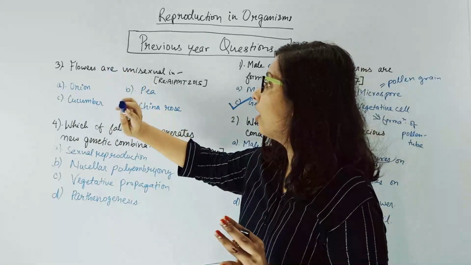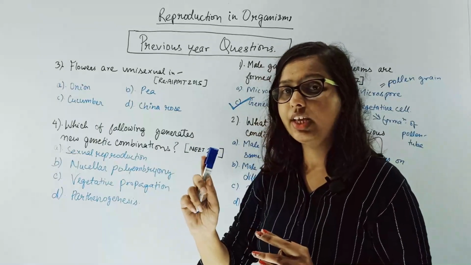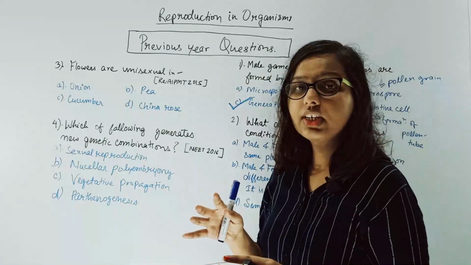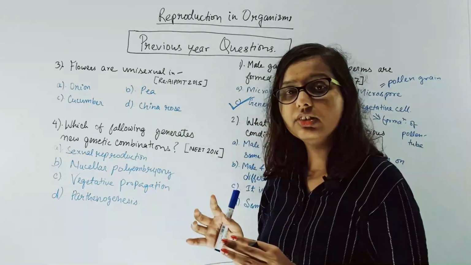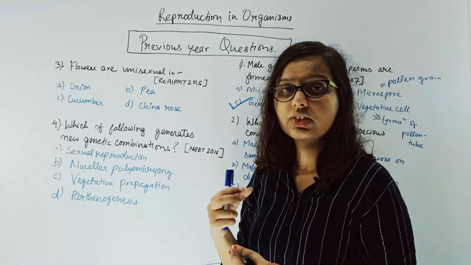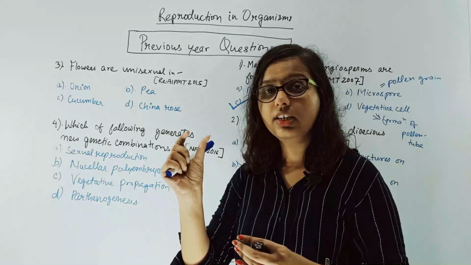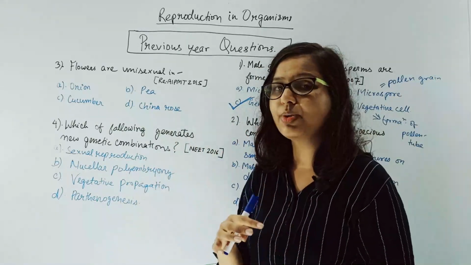So a unisexual flower means only one type of reproductive structure will be there in that flower. In class 11th you have studied the morphology of the flowering plants. In that you have already seen the structure of a flower. In a complete flower there is androecium, then gynoecium, sepals, petals.